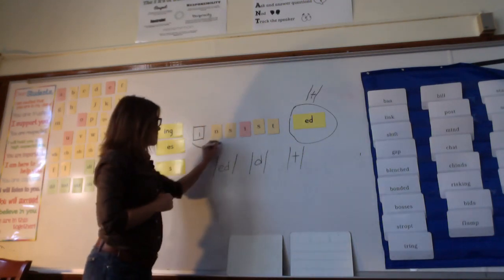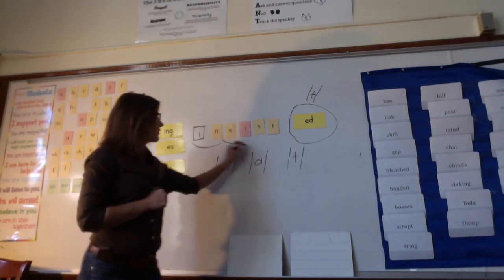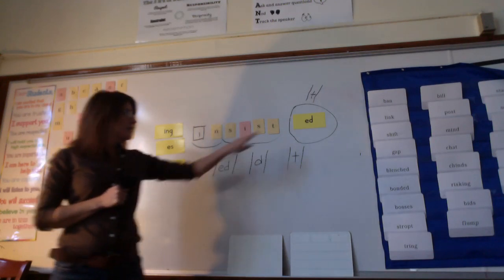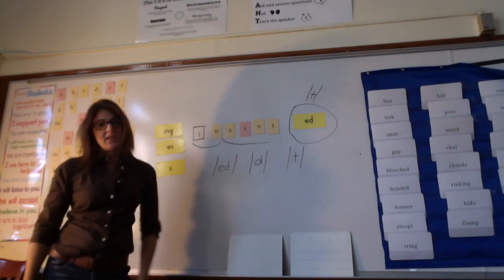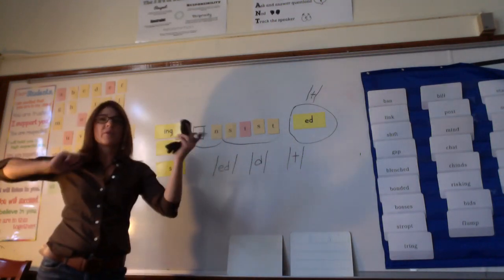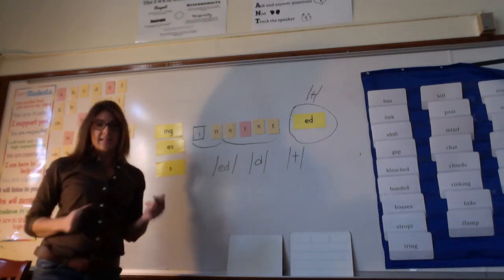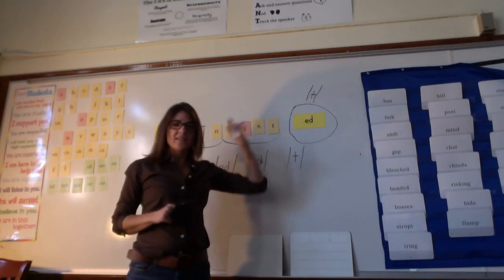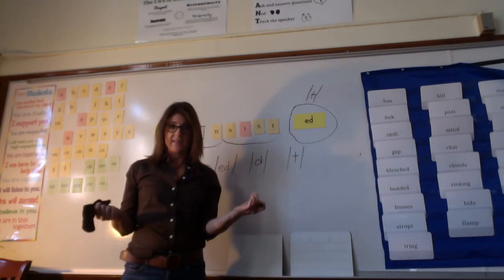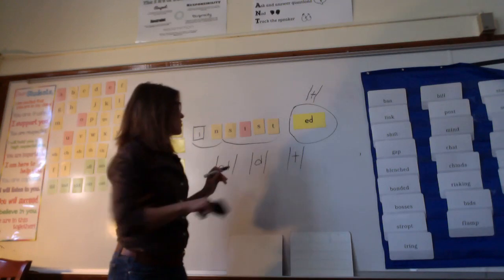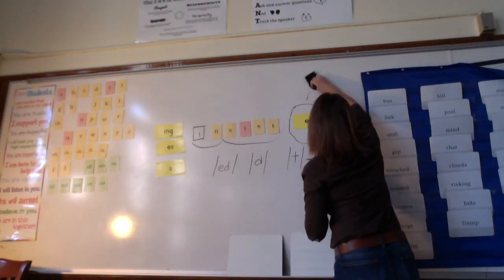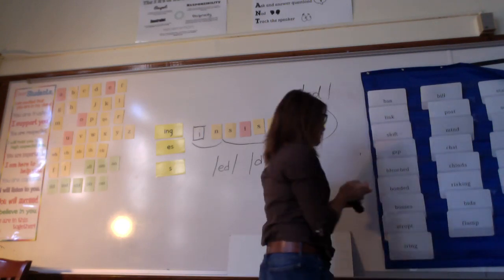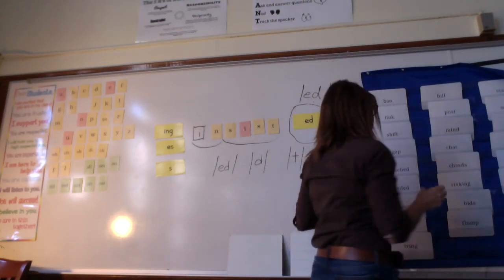So the first syllable is in, and then the second syllable is sist. So insist, ED. She insisted that I get my homework done or I'm gonna have to stay after. So insisted. And what do we hear at the end? Insisted. You hear the ED sound. So for this one, it would be ED.